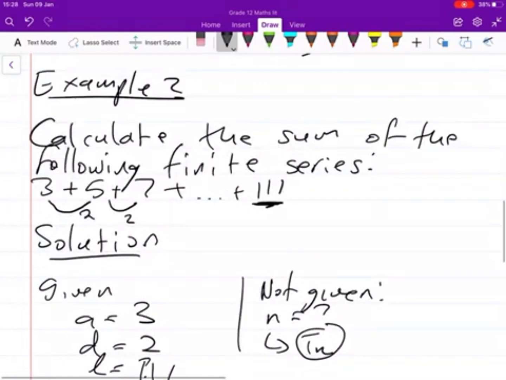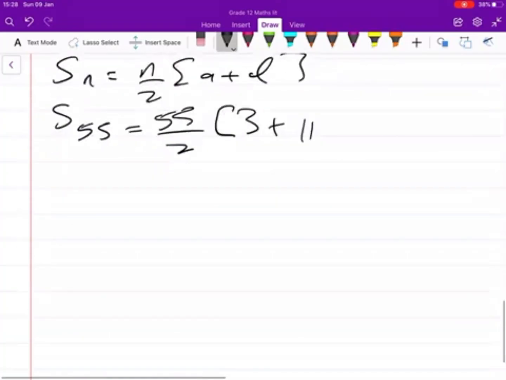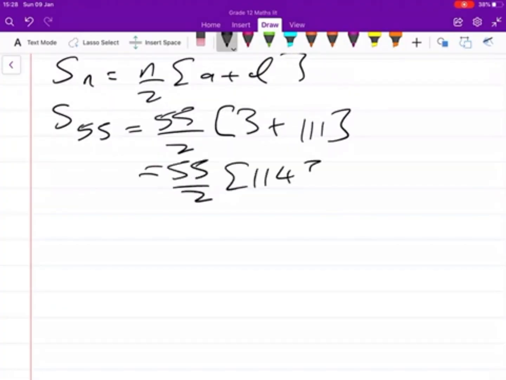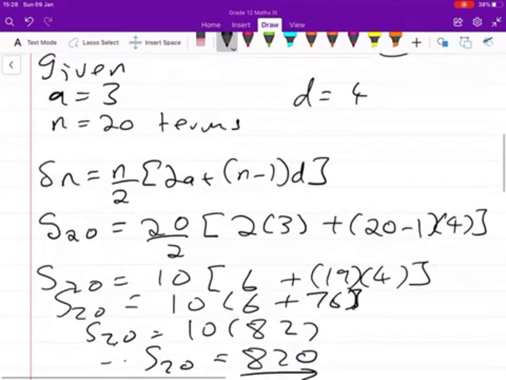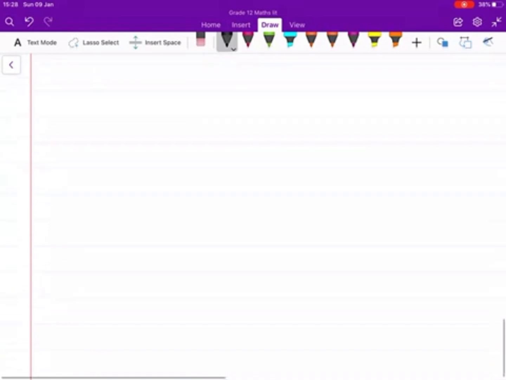And then that is just 55 divided by 2, times 114, which is 3,135. So it's always important, guys, that you look at the situation that you are given.